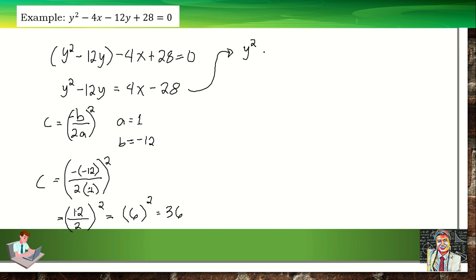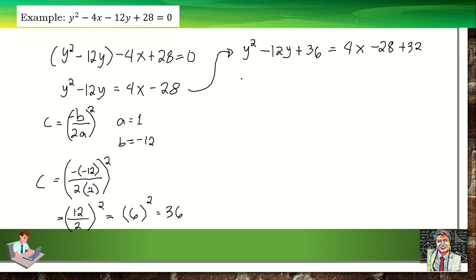So, that is plus y squared minus 12y plus 36 is equal to 4x minus 28 plus 32. So, simplify natin yan.